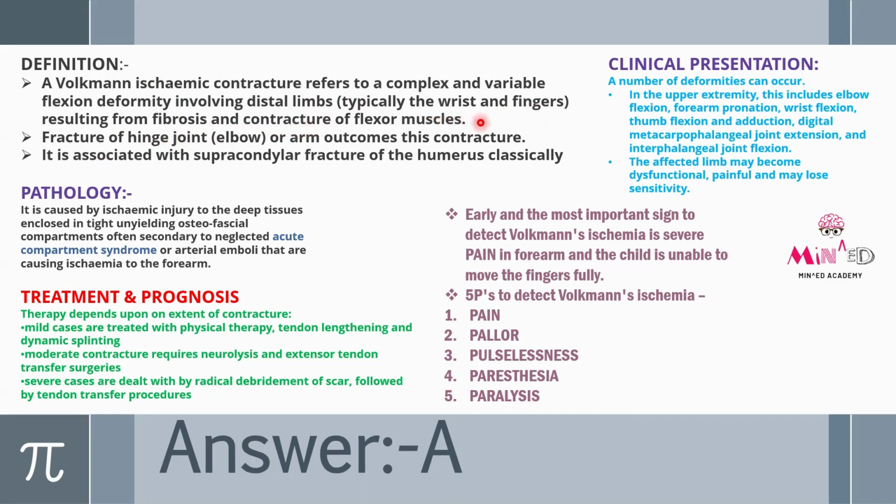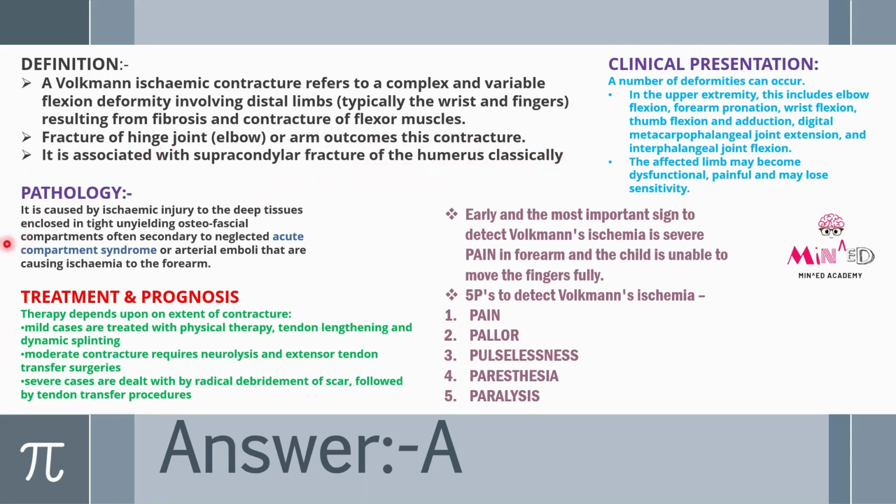Fracture around a hinge joint, for example the elbow, can cause this contracture. It is classically associated with supracondylar fracture of the humerus.